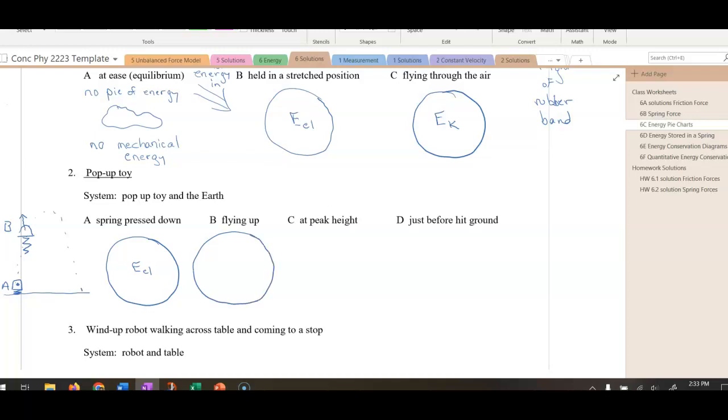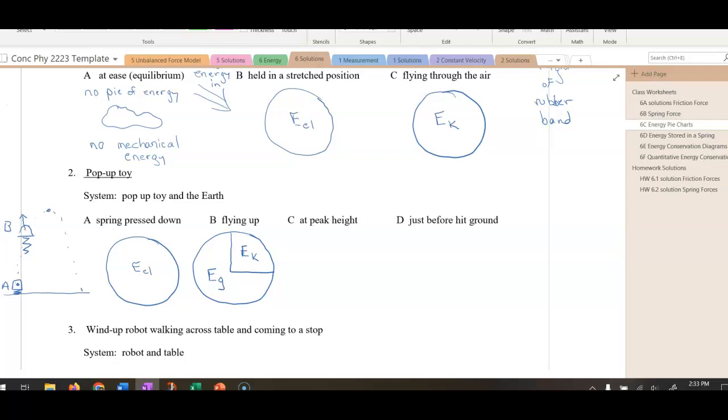So there's no more elastic potential energy because the spring is not compressed. But we have the object almost at its peak, so it has a lot of gravitational potential energy because it's higher, and it has some kinetic energy because it's moving.